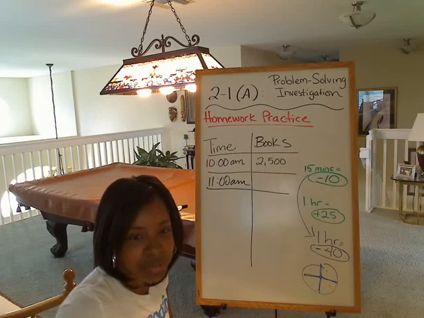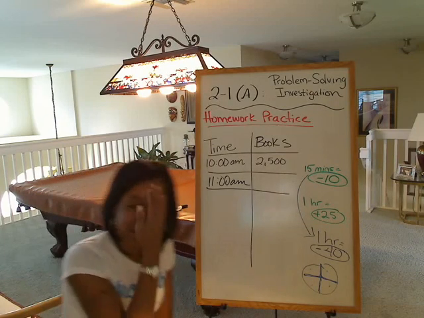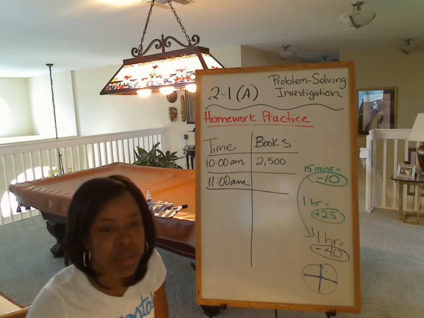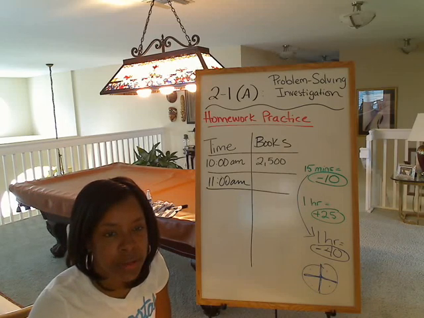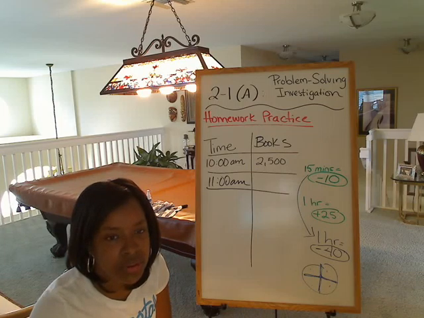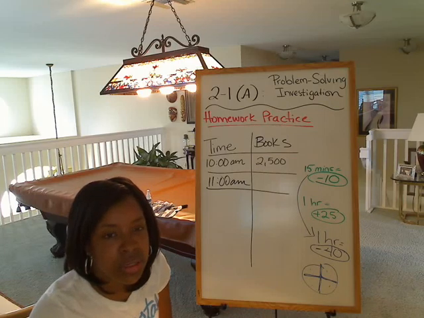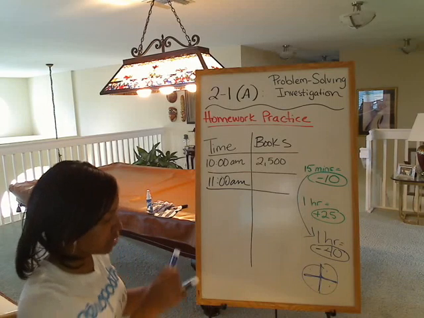One of these days I'll remember to bring one home. Okay, so we have 2,500 books. 1 hour later, we add 25 and take away 40. That gives us 2,485.